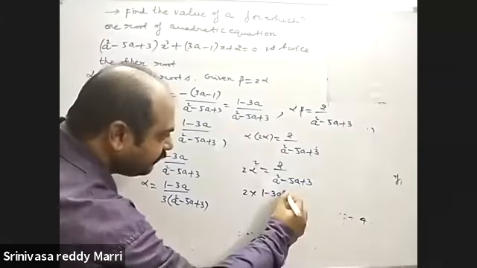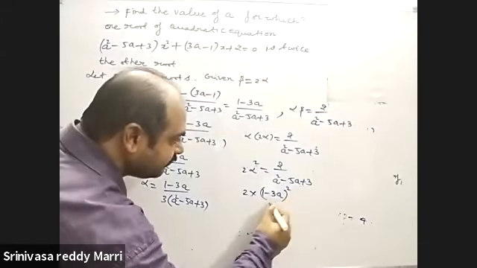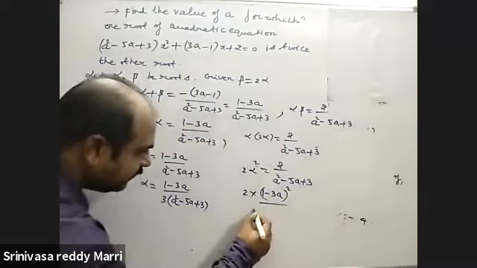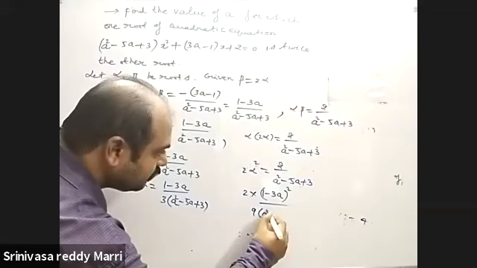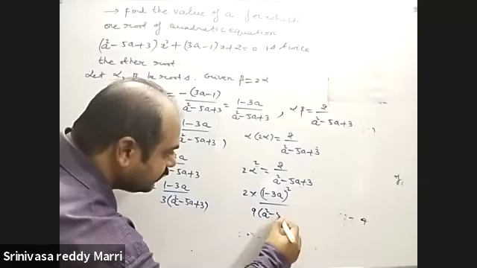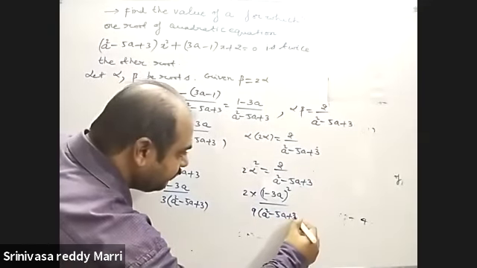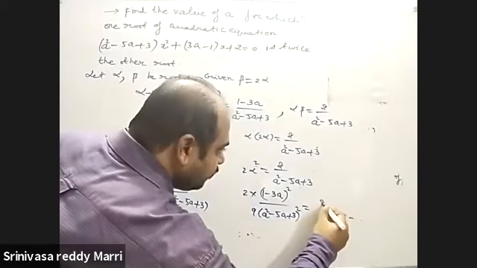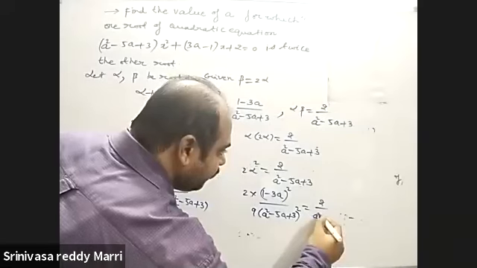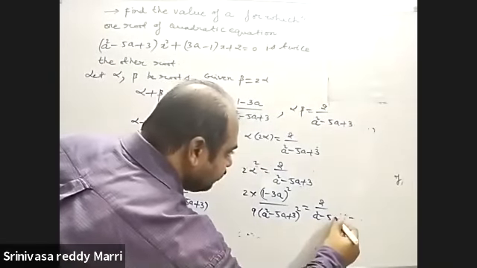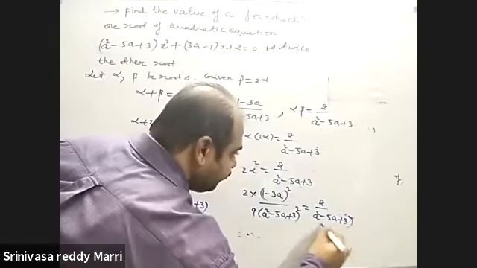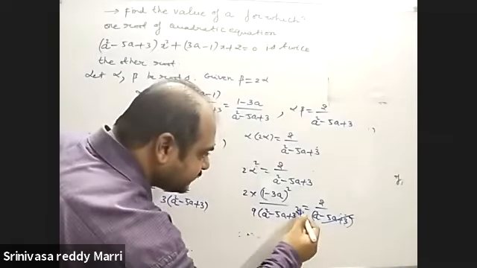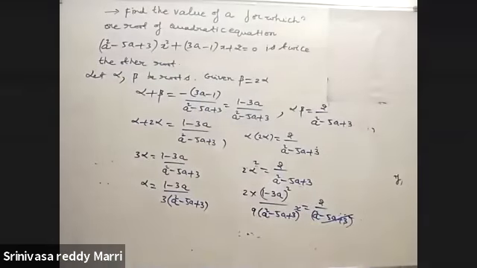That means (1 minus 3a) whole square divided by 9 into (a square minus 5a plus 3) whole square equals 2 divided by (a square minus 5a plus 3). Now this factor will get cancelled, because the square and the single factor are there, so one factor will get cancelled, right?